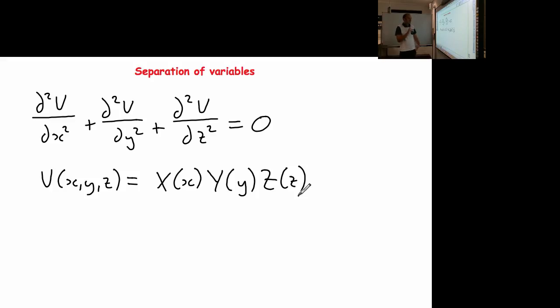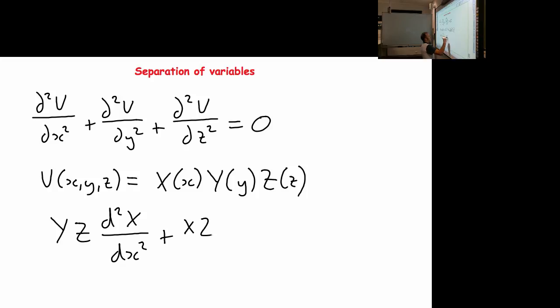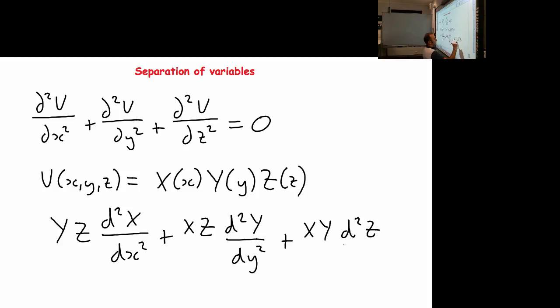Okay, so we're doing this in Cartesian coordinates initially, and we substitute this into Laplace's equation, and when we do this, we get an expression of the form here.